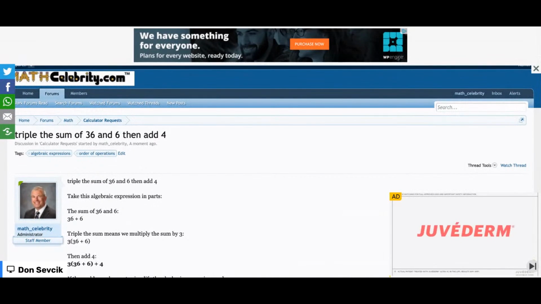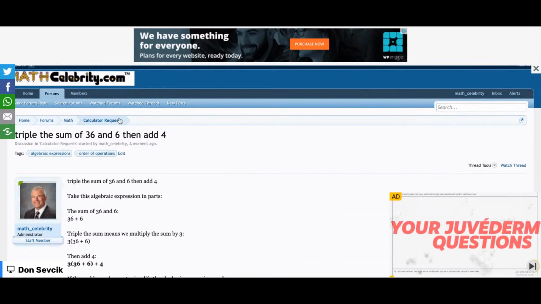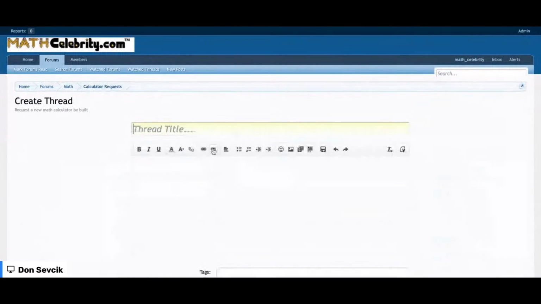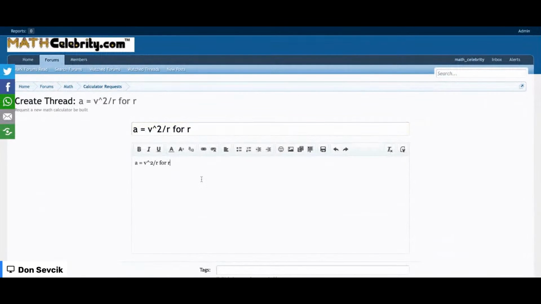Here's a literal equation. A equals V squared divided by R, solve for R. Okay. So start by cross multiplying. AR equals V squared, because we can multiply the denominator of this times this.